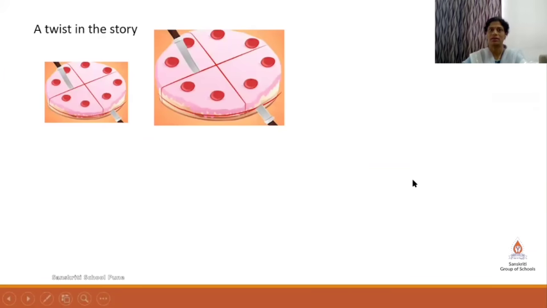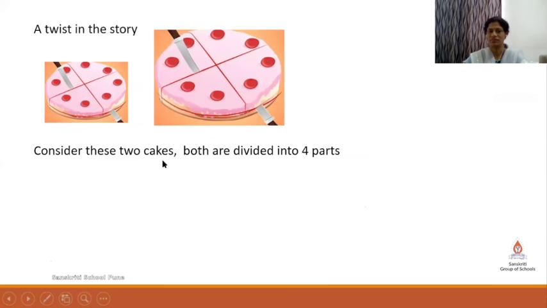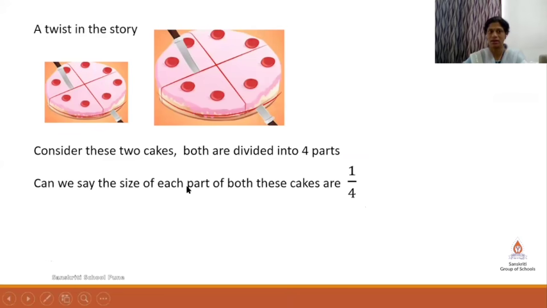All right, now a twist in the story. Look at the 2 cakes. Are both divided into 4 equal parts? Yes, they are. Can we say the size of each part of both these cakes are 1/4? Yes. But as you can see from the image, the 1/4 of the first cake is not equal to the size of 1/4 of the second cake.